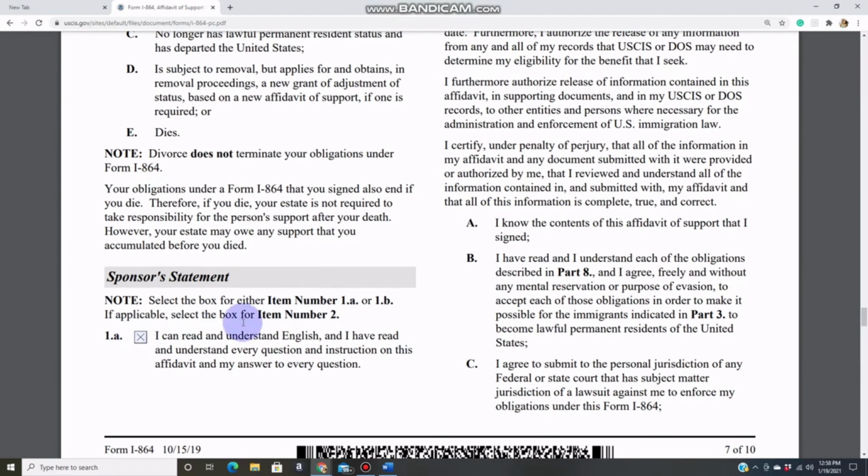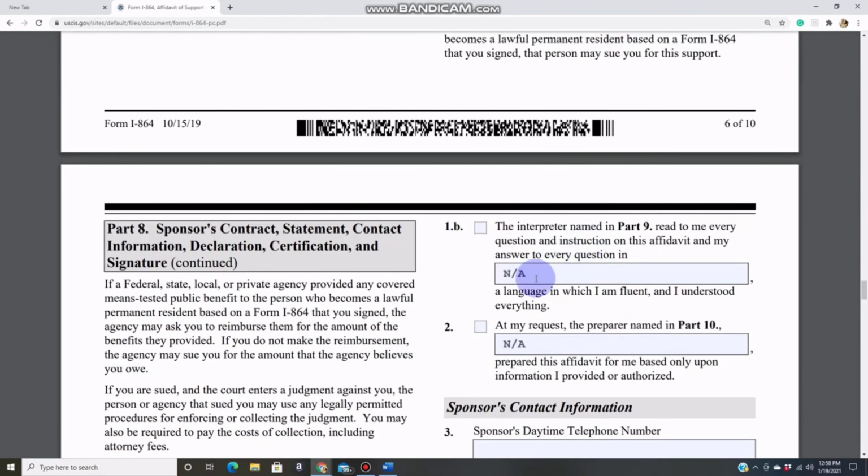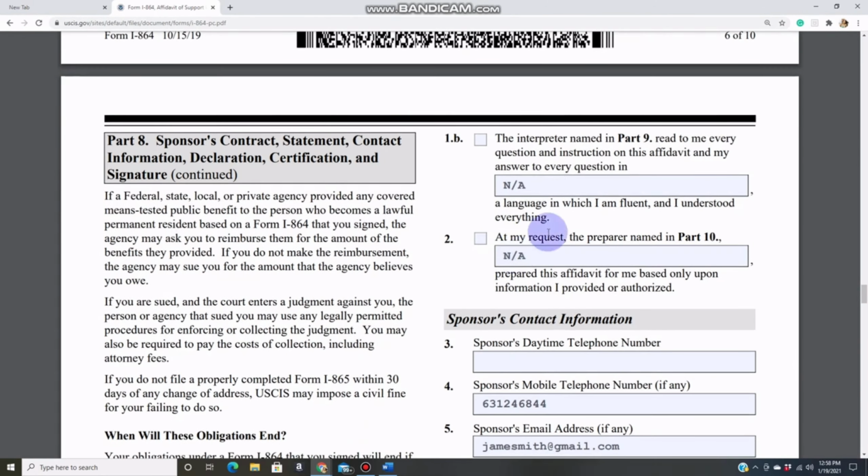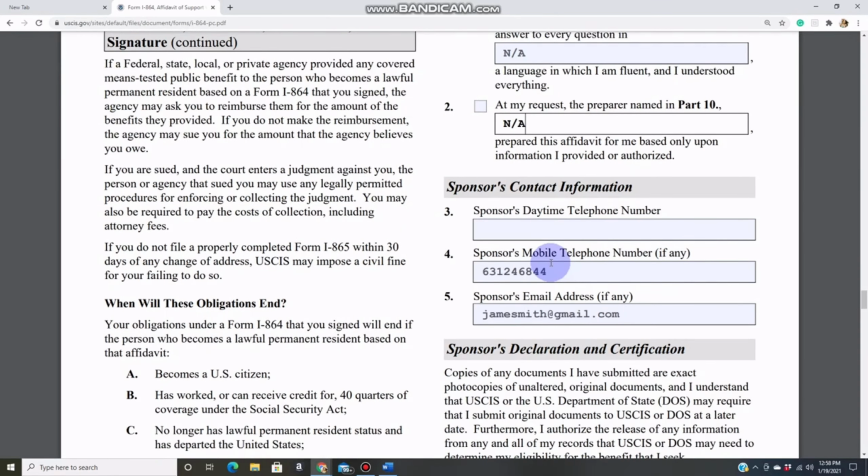So in this part, I take 1A because my husband can understand and read English. Okay? 1B, so the husband does not need an interpreter or a preparer. So this is the sponsor's contact information.